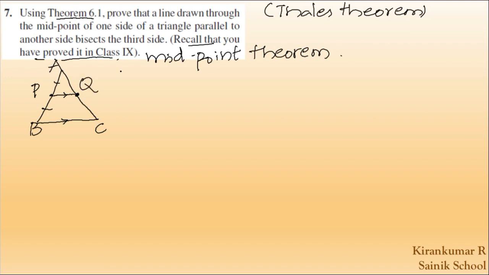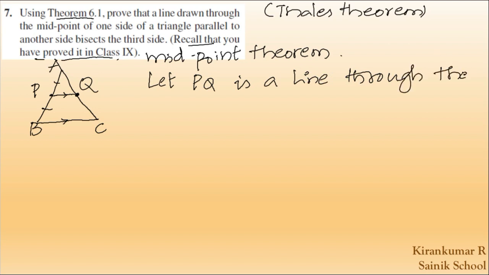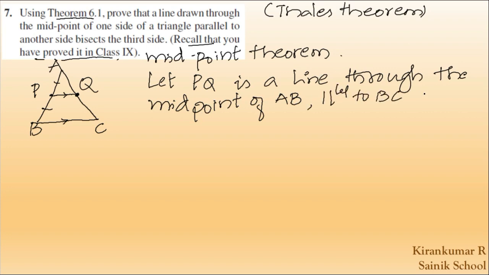Let me call this point as Q. So let PQ be a line through the midpoint of AB parallel to BC, which intersects AC at Q. That is, PQ is parallel to BC.